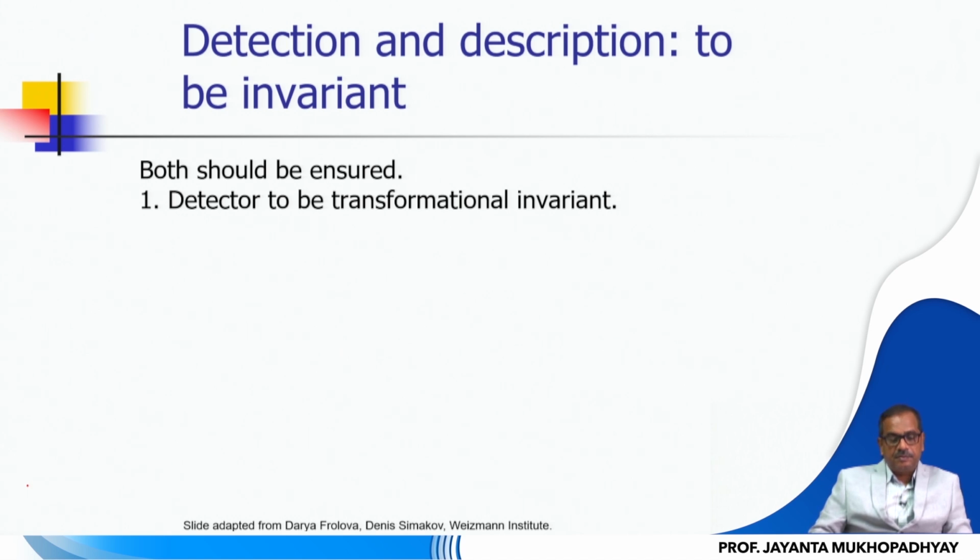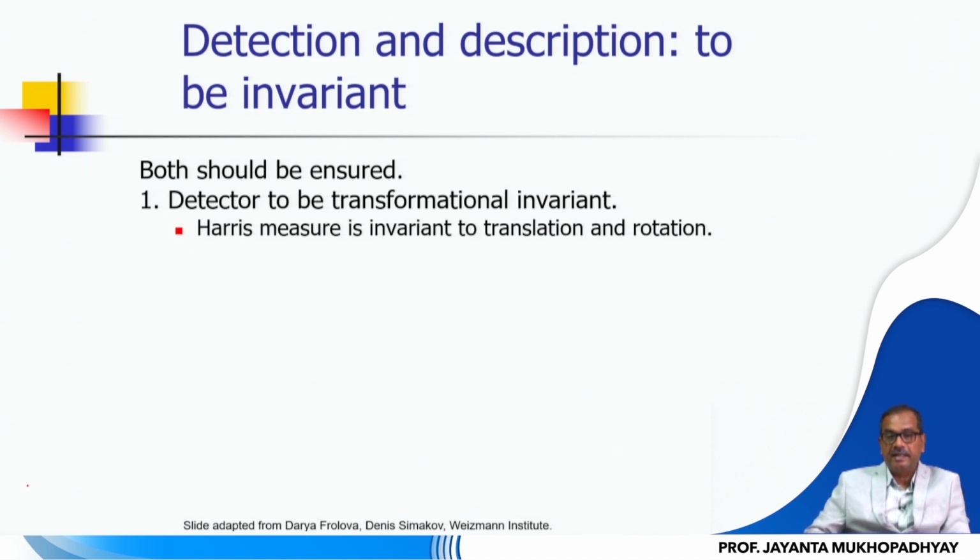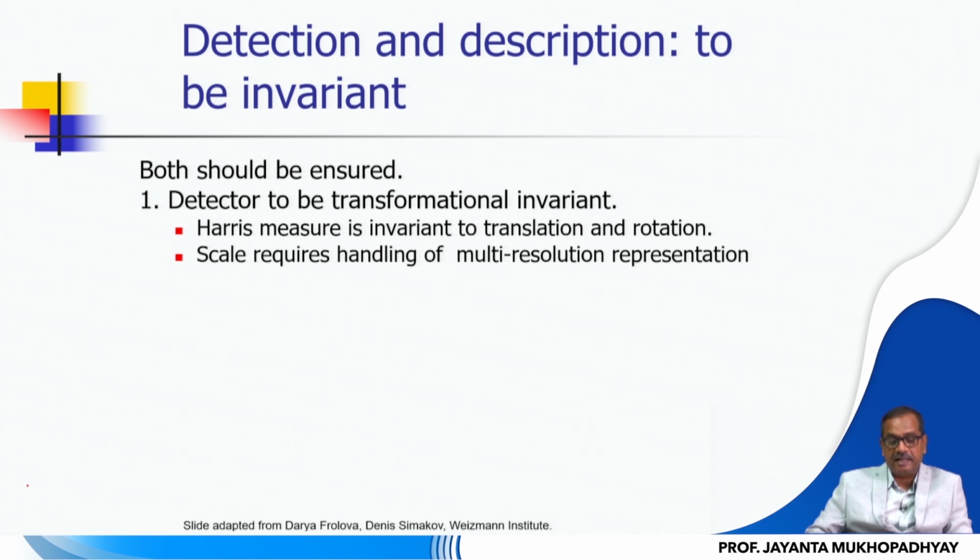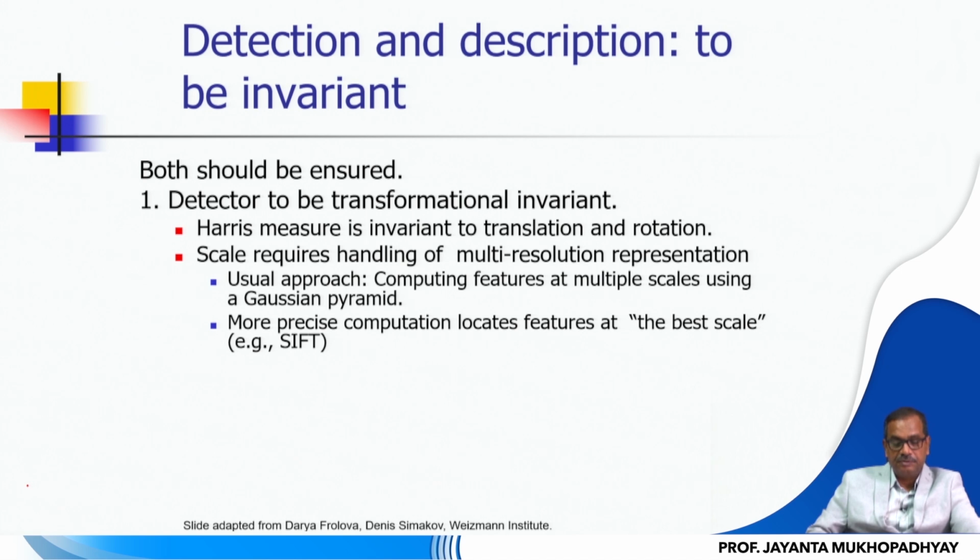To make it invariant, it should be ensured that the detector is transformation invariant. For example, the Harris measure is invariant to translation and rotation, but it is not invariant to scale. Scale requires handling of multi-resolution representation, as I mentioned. The usual approach is computing features at multiple scales using a Gaussian pyramid.